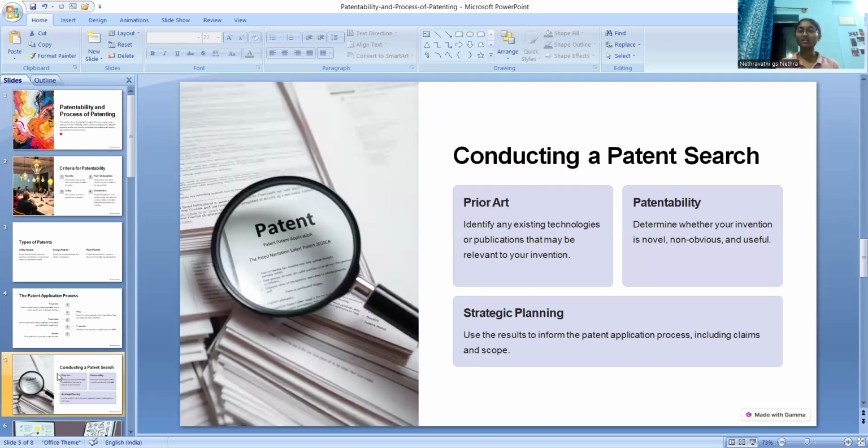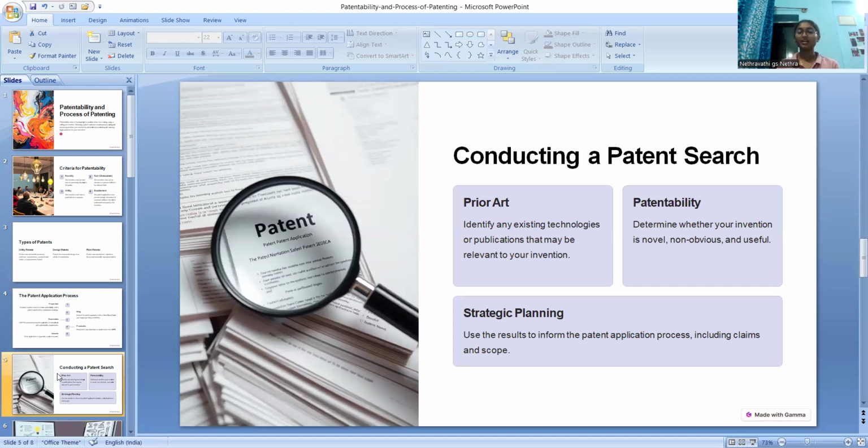Next comes conducting a patent search. Here there are mainly three major things which we are going to learn: the prior art, patentability, and strategic planning. The prior art stands for identifying any existing technologies or publications that may be relevant to your invention. This is about the prior art. Next comes the patentability. It determines whether your invention is novel, non-obvious, and useful.